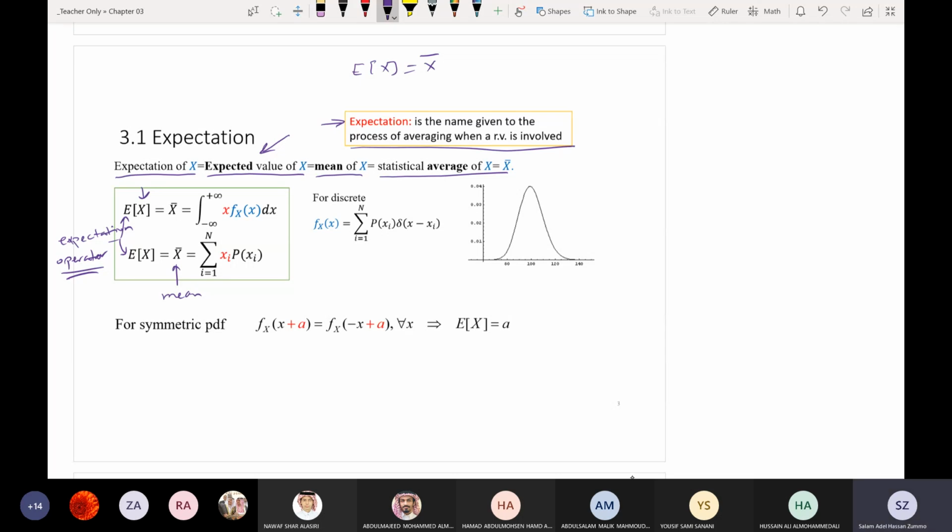These are all names for the mean: mean, average, expected value, and so on. So whenever you see, in the coming lectures up to the end of the semester, and whenever you see it in your life, x bar means the mean, the average. Expected value of x means the mean or the average.